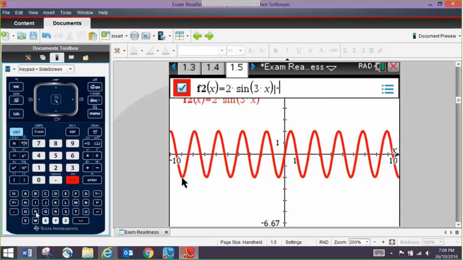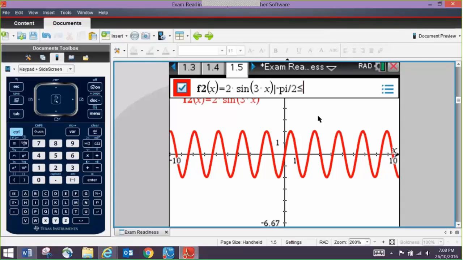To make life a little easier for the kids, rather than going to the pi menu, I'm just going to type pi and divide by 2, then back here I can put in less than or equal to x, and once again less than or equal to, and we might go to 2 pi.